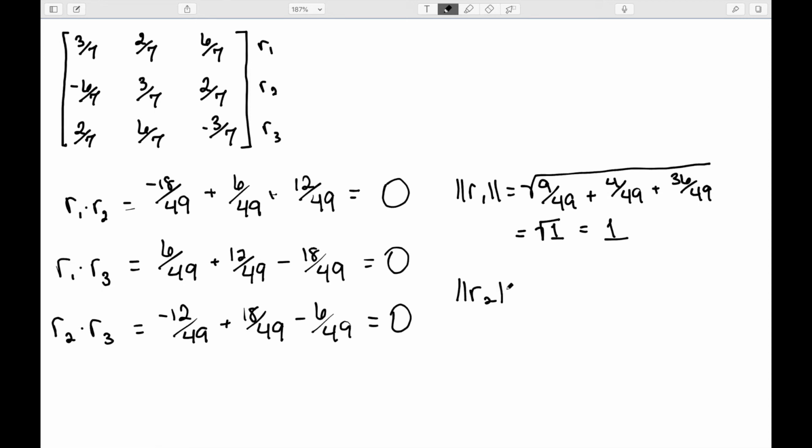Similarly, you could check that the norm of R2 and the norm of R3 are both equal to 1. So my rows do form an orthonormal basis. And you can double check, but we could have done this same thing by considering the column vectors rather than the row vectors.